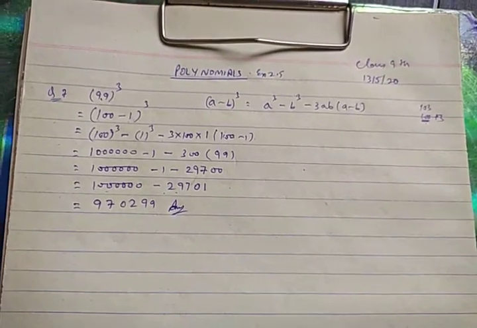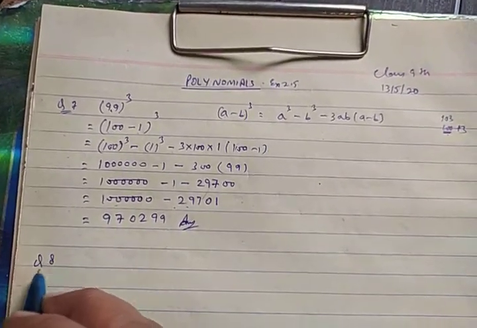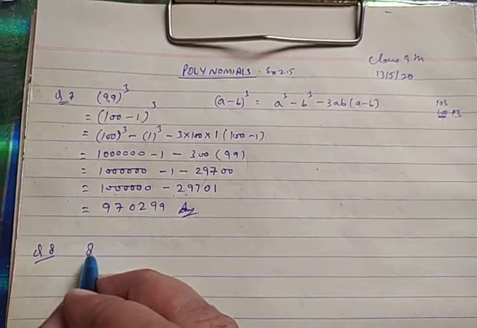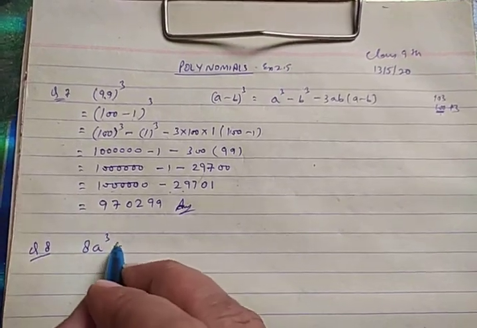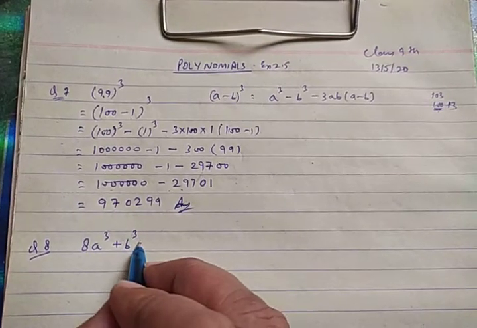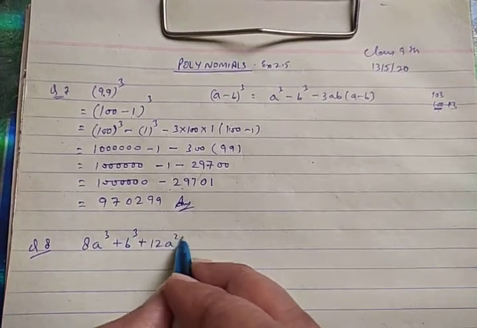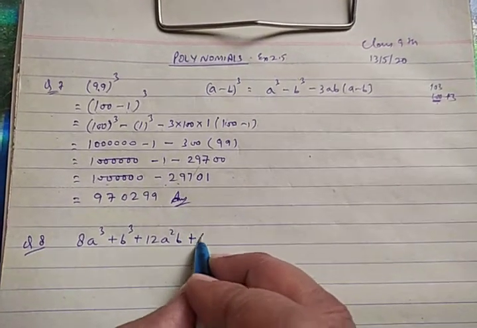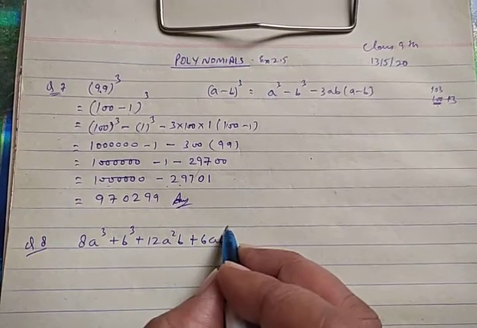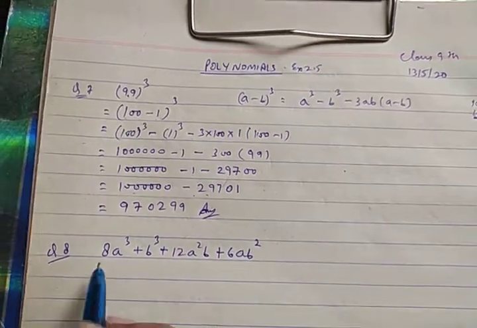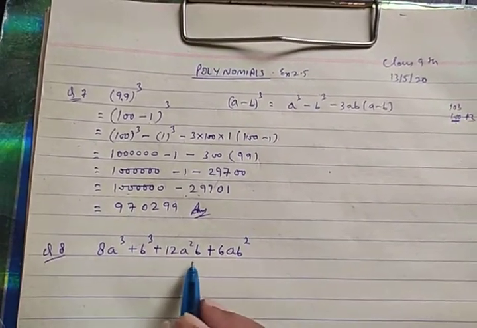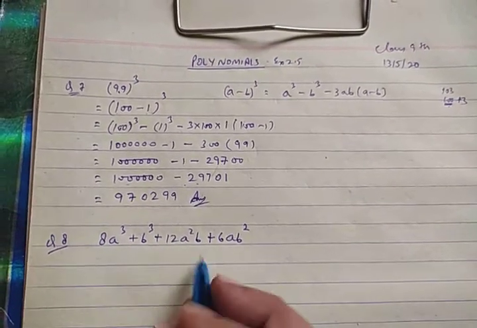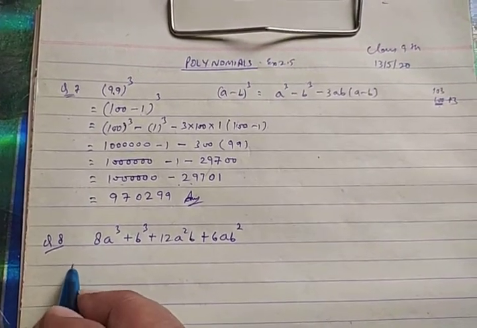Let us take one more question, that is question 8. One part of the question 8, that is given 8a cube plus b cube plus 12a square b plus 6ab square. Now this format is not matching the format of any identity or formula.